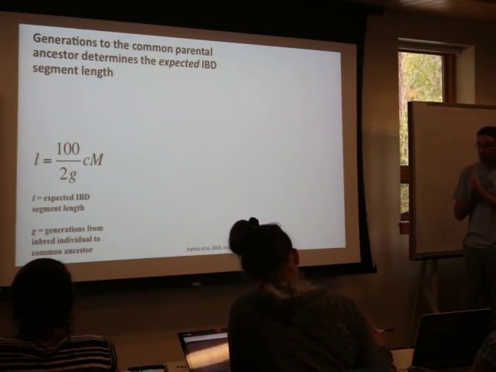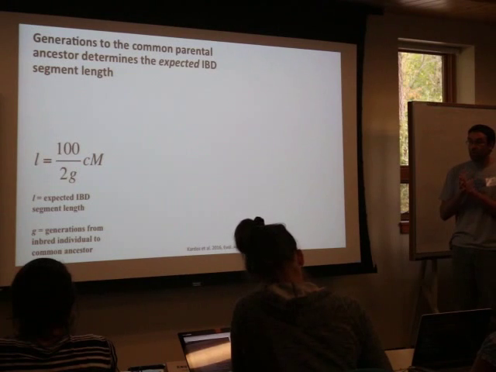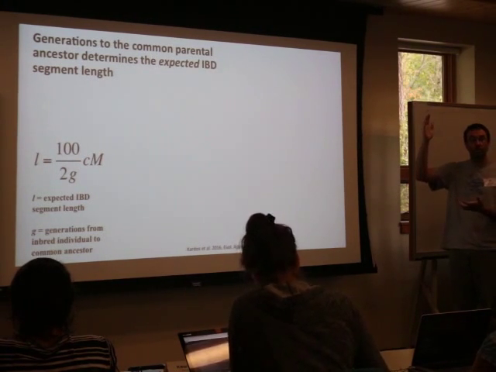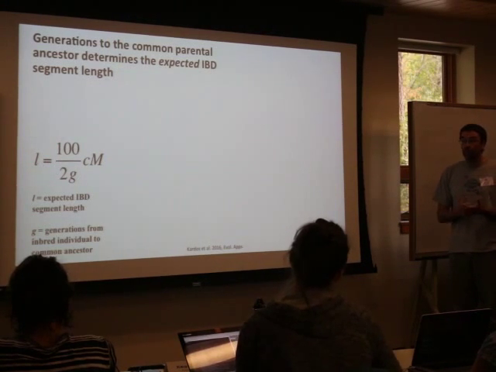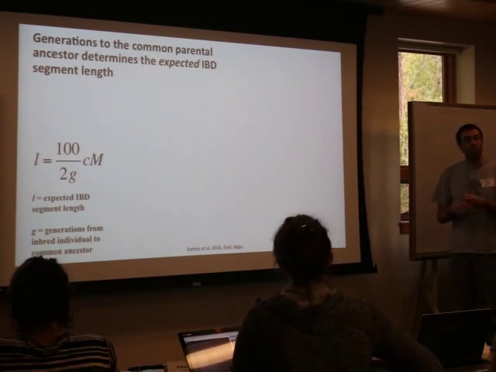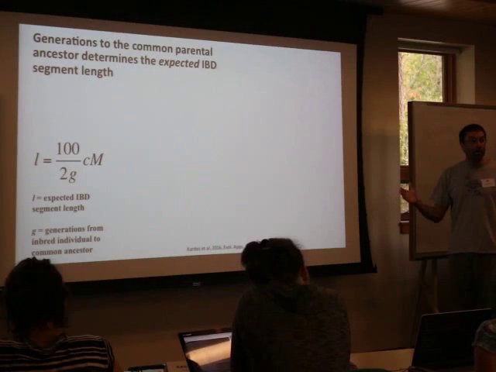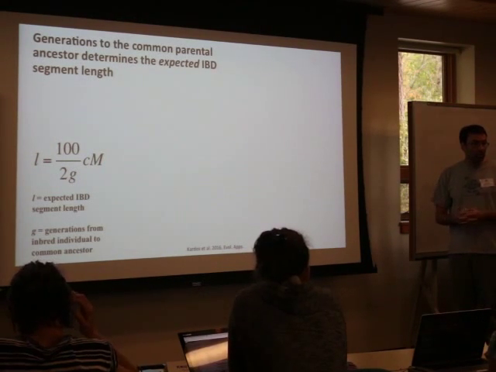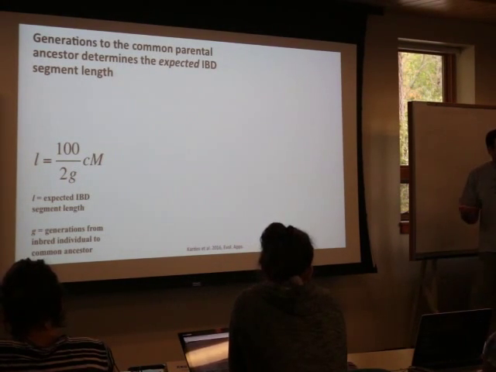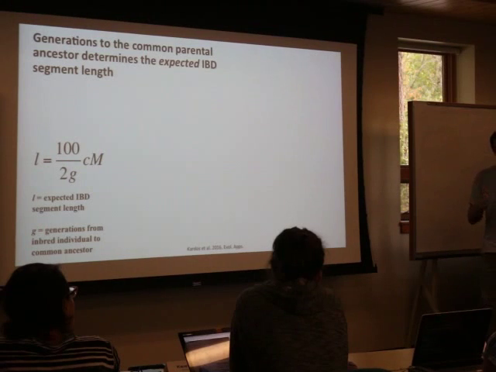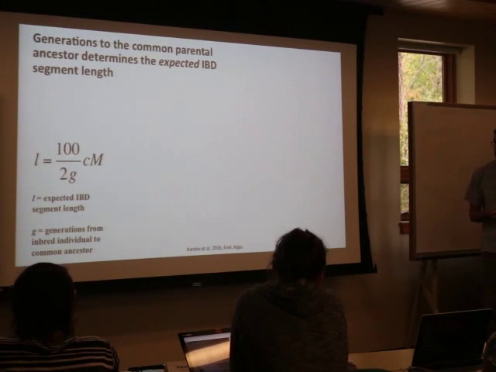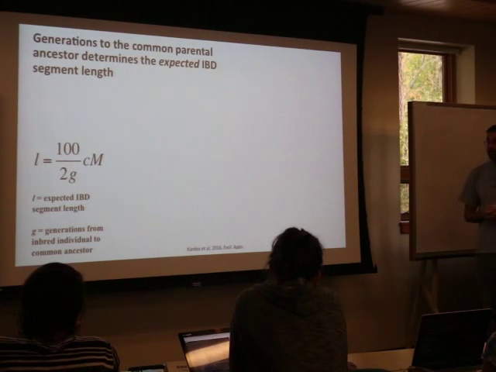If the common ancestor of the parents is a few generations ago, there are very few meioses separating the inbred individual from the common ancestor, so we tend to see very long identical by descent segments. With an individual whose parents are full sibs, you can see entire chromosomes completely homozygous, because there have been no recombination events in either genealogy between the inbred individual and the grandparent.